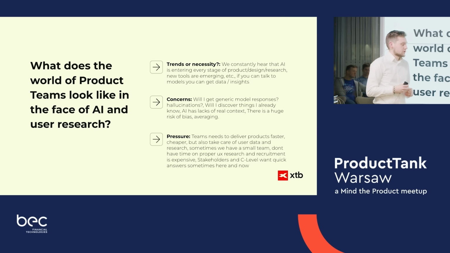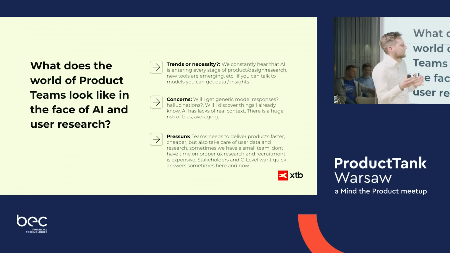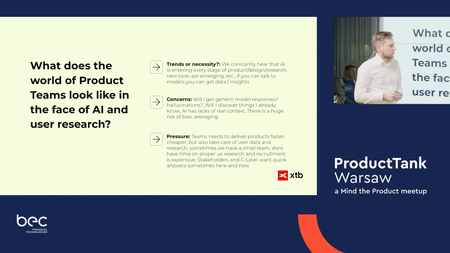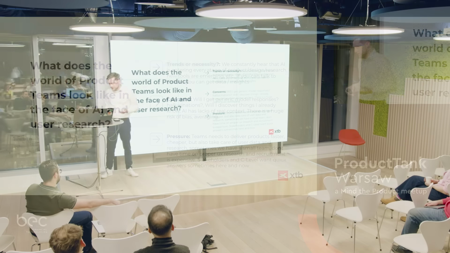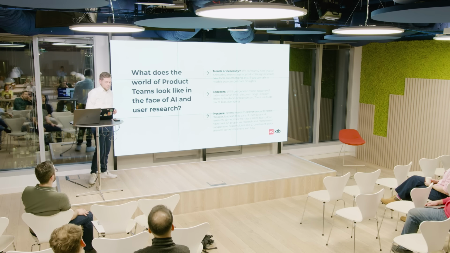The stakeholders insist on implementing data in every stage of the product development process. Sometimes we have a small team, so we don't have time, obviously, for conducting research with users and getting the proper data. Recruitment also is expensive, and stakeholders want a quick answer sometimes here and now. So this is a lot of pressure, right?